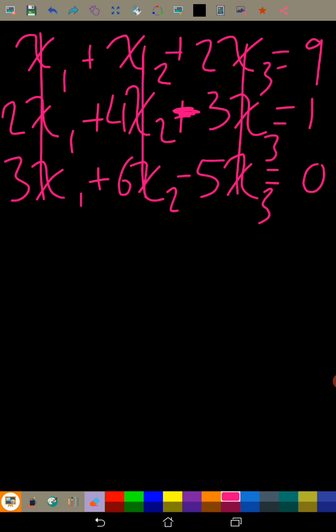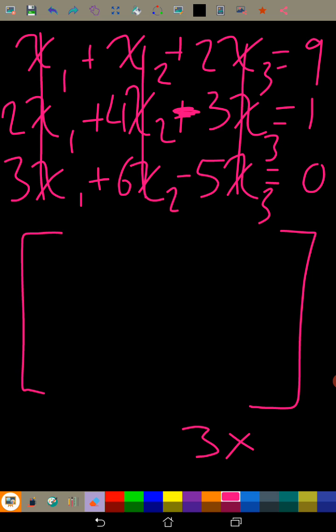If we put this in a system of equations, it's going to be a 3 by 3. This is also very important. The form of the equation is going to be, we are going to write the coefficients here. Here there is a 1, here there is a 1, here is a 2.